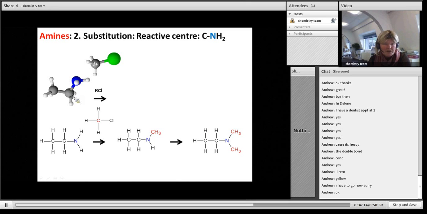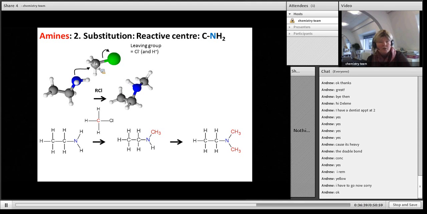So nucleophiles don't attack an amine as much. But an amine is a brilliant nucleophile in itself, like that OH we saw. That lone pair of electrons on the nitrogen will attack any slightly positive carbon, like in a haloalkane. We've got a good leaving group there, in this case the chloride.